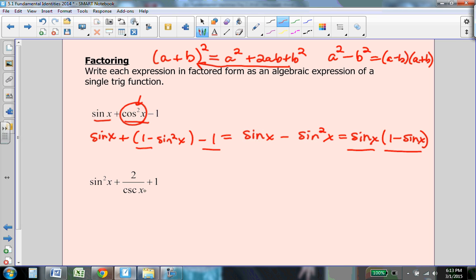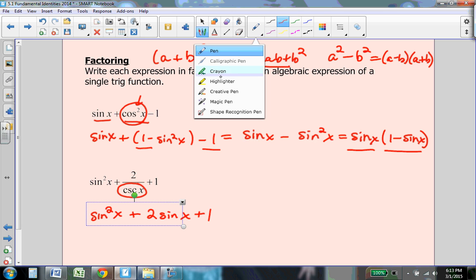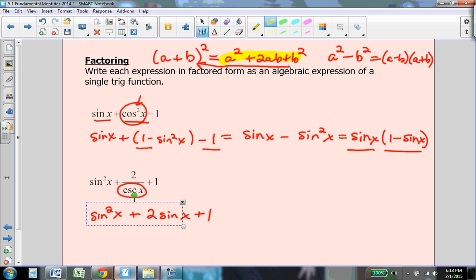Moving on to the next one. I've got a cosecant down here in my denominator. Well, that could go back up into the numerator as a sine. So we have the sine squared of x plus 2 times the sine of x plus 1. Now take a really good look at the pattern that you have here, and the pattern that you see should remind you of what we have here. We have a squared term on each end, and then we'll have a double here.